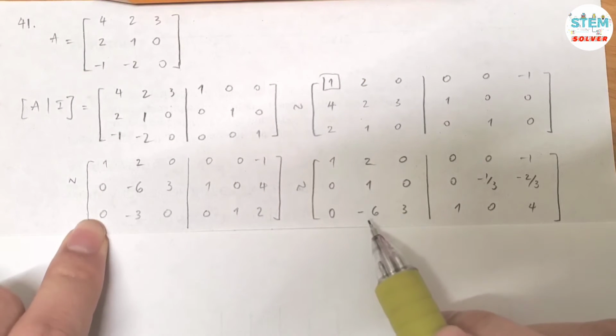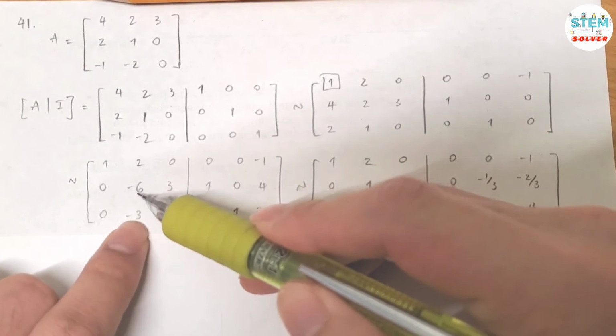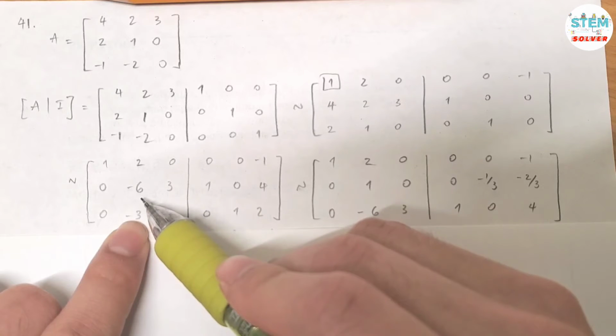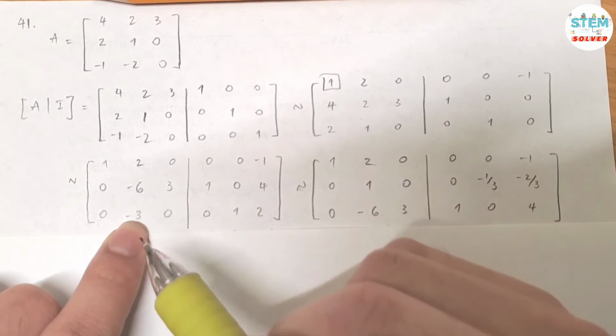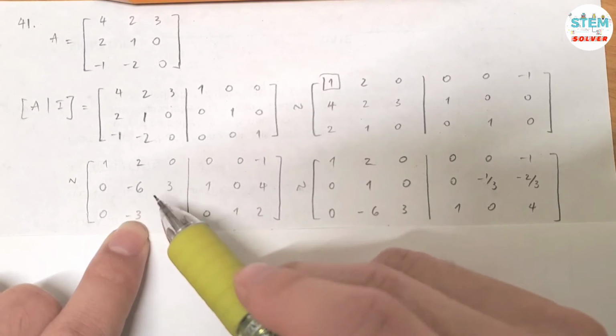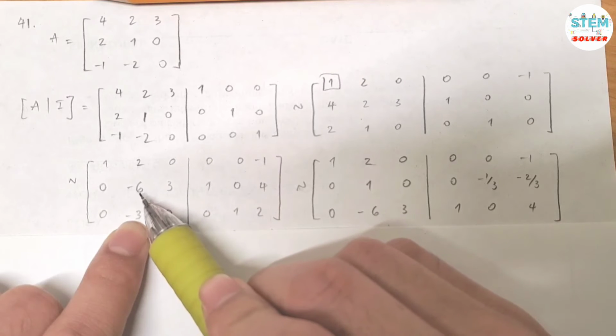Over here, now we need to get this pivot and make it 1. Some of you may divide this row by -6 to get 1, but I already see 1 right here.